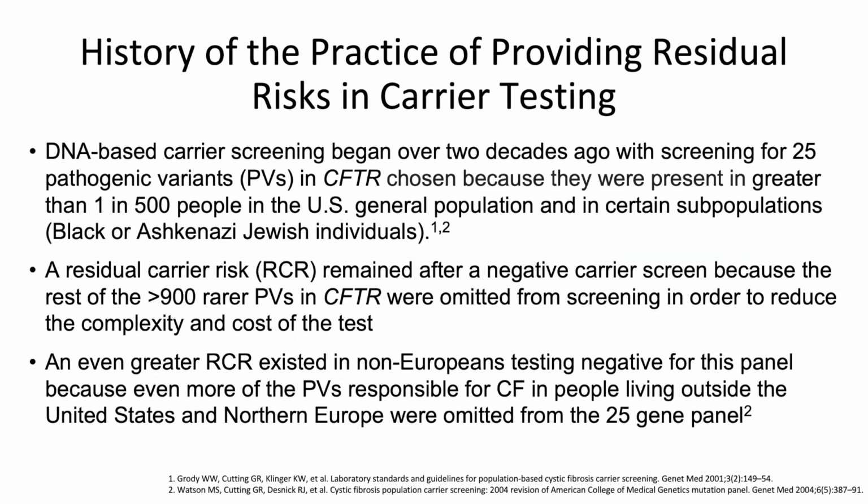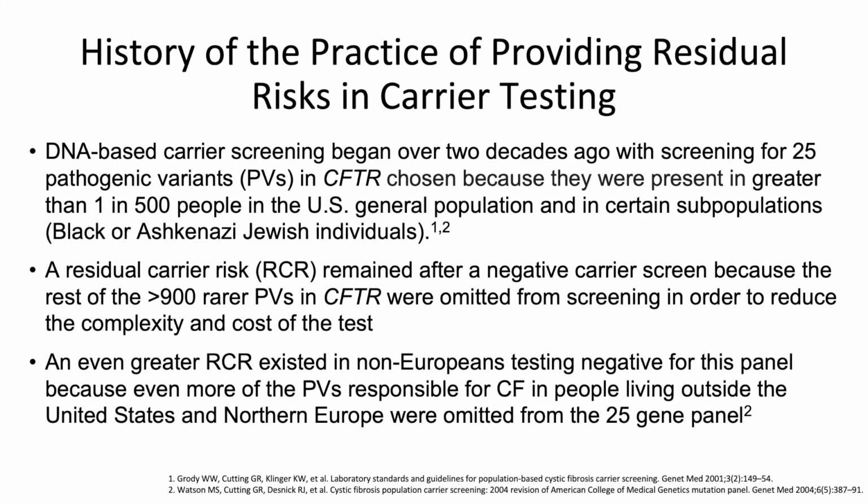And what happened was, because of the technology available at the time, they screened for 25 of the most common pathogenic variants present in more than 1 in 500 people. That was kind of the cutoff in the US general population, and also in certain subpopulations, such as African American, Black individuals in this country, or Ashkenazi Jewish individuals.